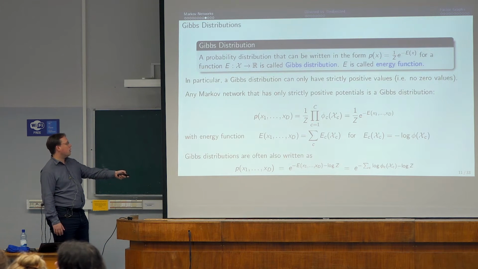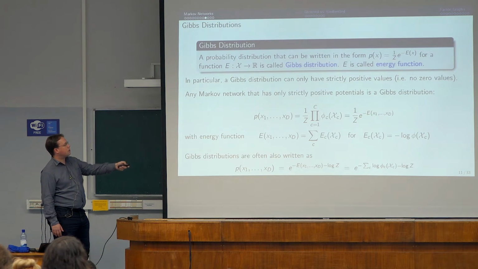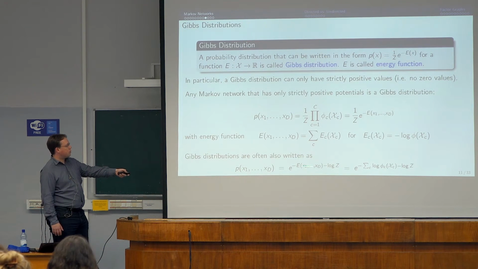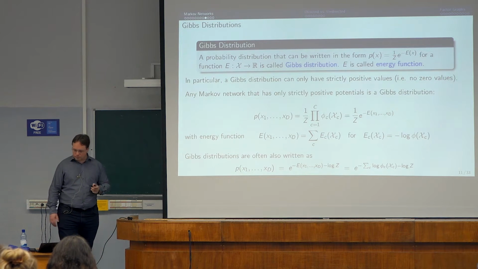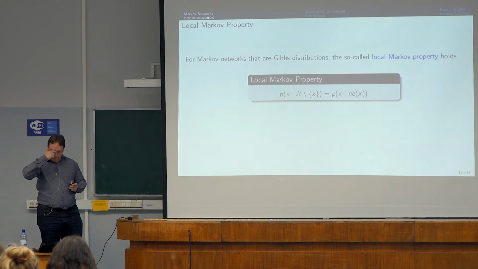Right? So you can write the probability either as normalizing constant times exponential, or as just exponential with the normalizing constant in the exponent. It doesn't make a difference.